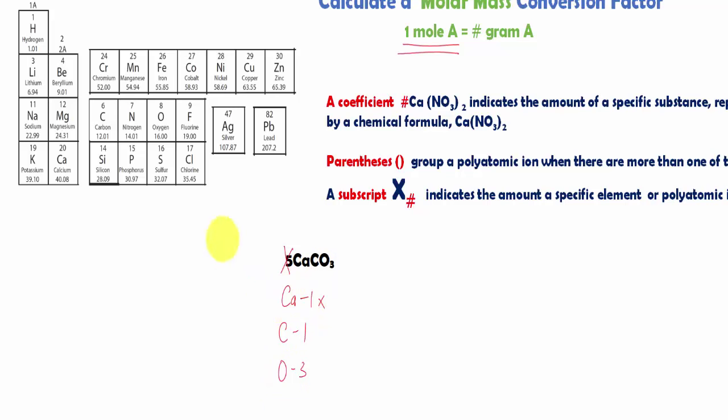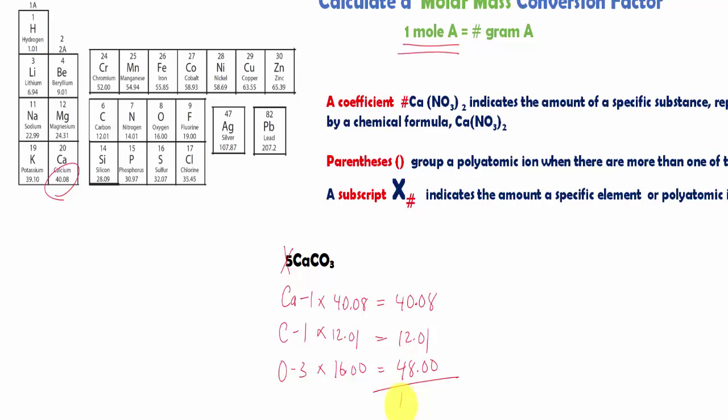Then we find the mass of calcium on the periodic table, 40.08. Carbon is 12.01. And oxygen is 16.00. And let's calculate the total mass. So here we have calcium. The total mass of calcium in this substance is 40.08, for carbon is 12.01, and for oxygen is 48.00 because there are 3 of it.